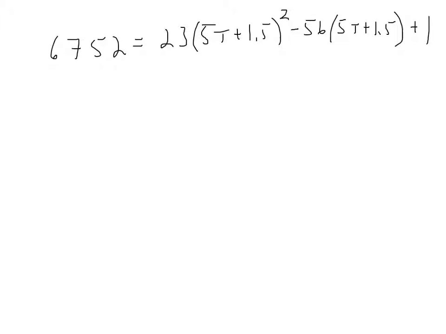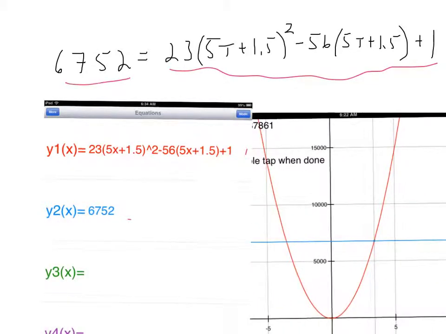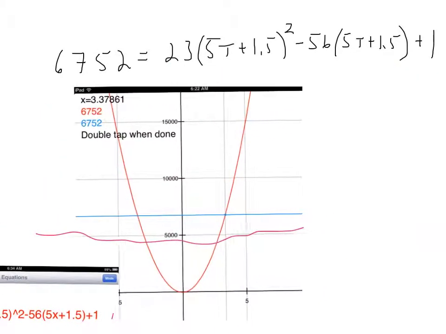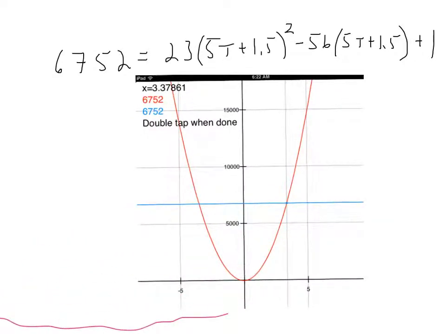That's doing it analytically. If I wanted to solve this graphically, as you can see, I didn't do a whole lot of work. I just substituted into my first equation, put the value I wanted in my second equation, and then graphed them. Here's that intersection.